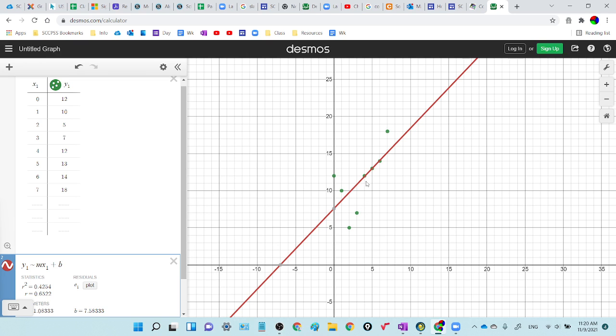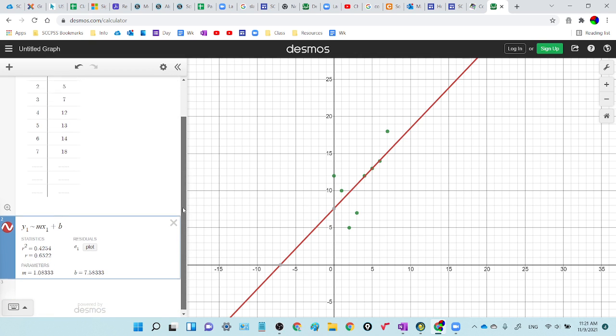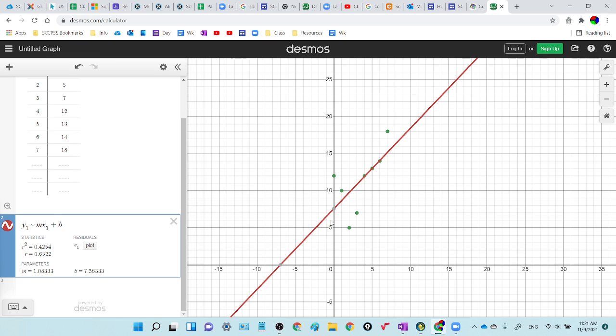That's good. 3 points are on the exact line, and it is showing the positive trend, right? So there is a correlation between this X value and Y value, and this is the best fit line. So that is called the regression line, line of regression.